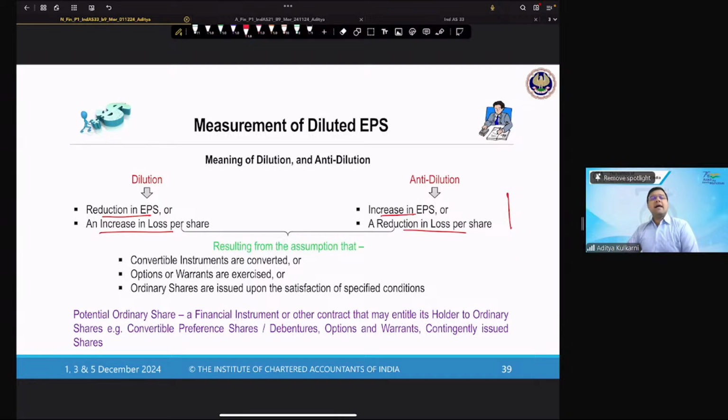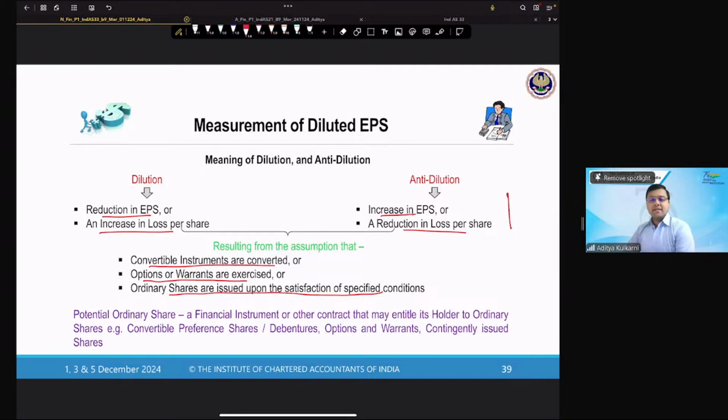What are these categories of instruments where the number of shares will increase? It could be certain convertible instruments that are getting converted, or options or warrants that are exercised, or ordinary shares issued upon satisfaction of certain specified conditions.